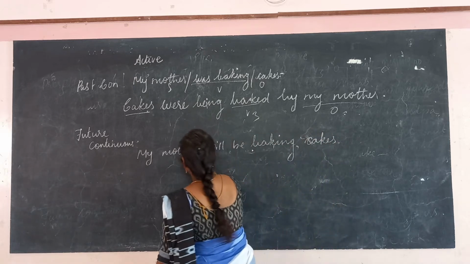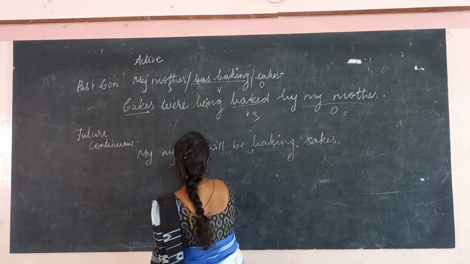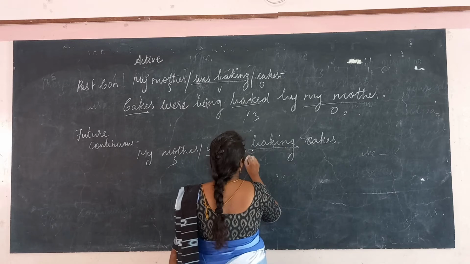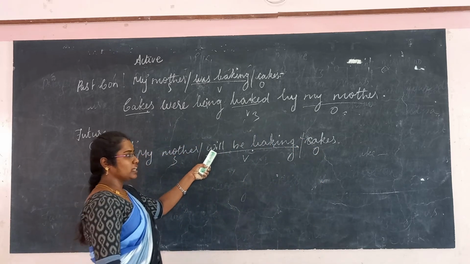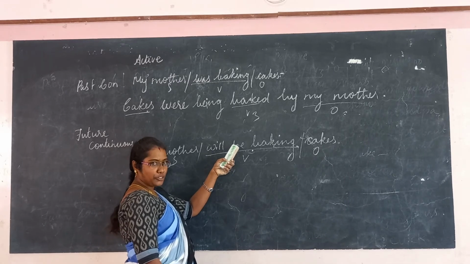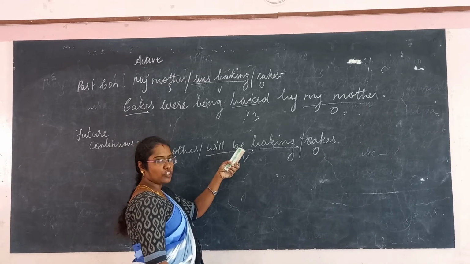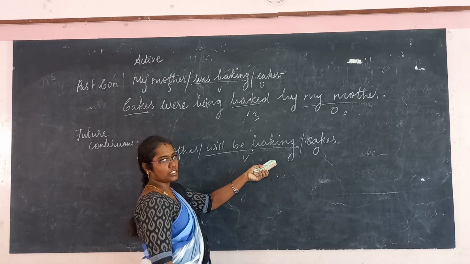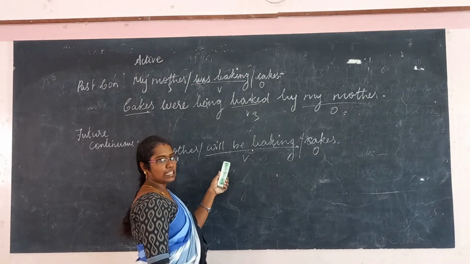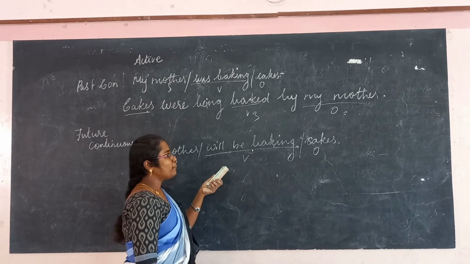Look at that. Subject, will be baking, verb and the object, because future, and the word be should be used in the continuous tense, especially for the future continuous, and the verb plus ing for the continuous. Okay, so this sentence cannot be changed into passive voice.